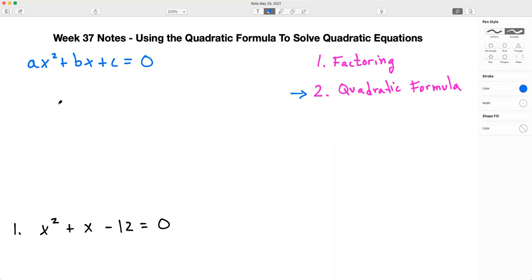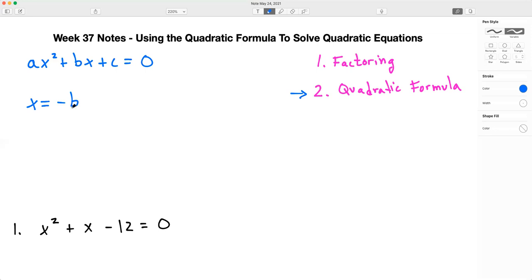So you're probably wondering, what the heck is the quadratic formula? Well, here it is, okay? If you have something like this and you're trying to solve for x, first you identify what A, B, and C are. Once you have identified A, B, and C, x is equal to, and here it is.